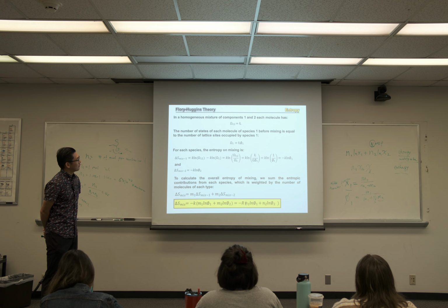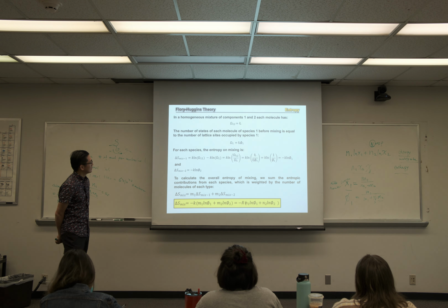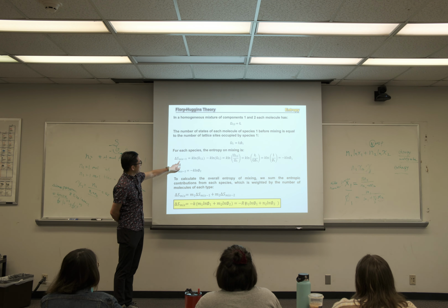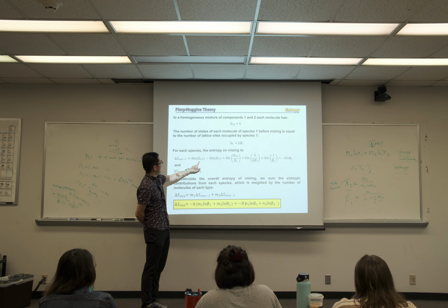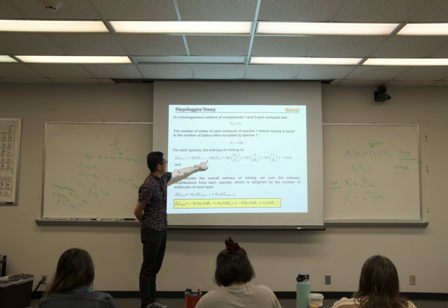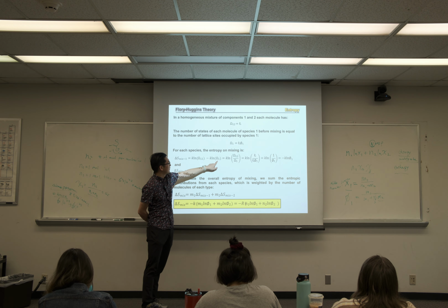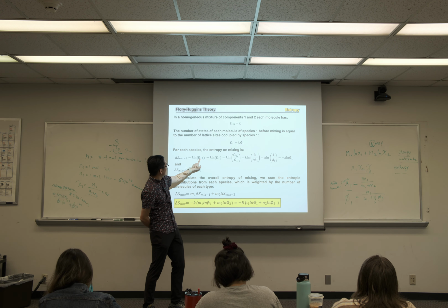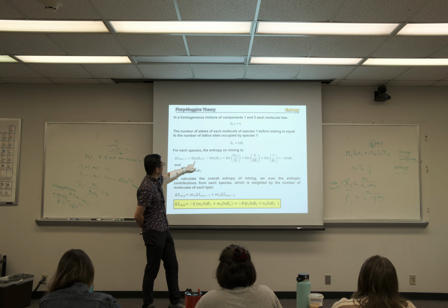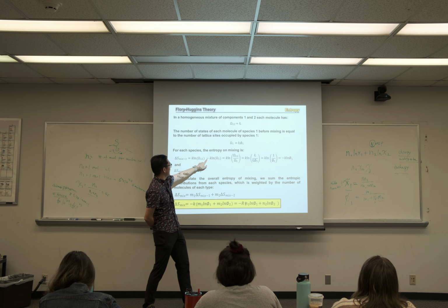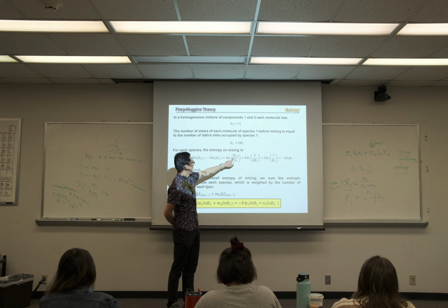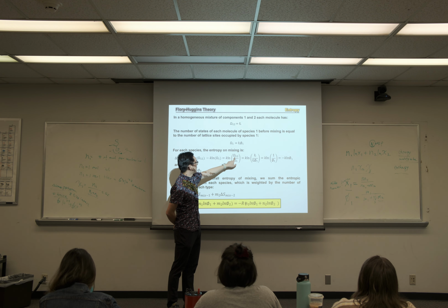So for the mixing of the species, we need kT ln phi 1. This will be after mixing minus what we had before mixing for polymer. So we need to play a trick in the ln operation. When you have ln of omega 1,2 minus ln of omega 1, we can write it as ln of omega 1,2 divided by omega 1.